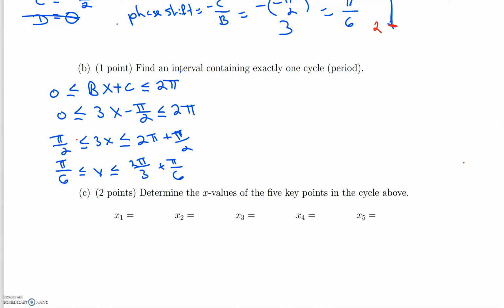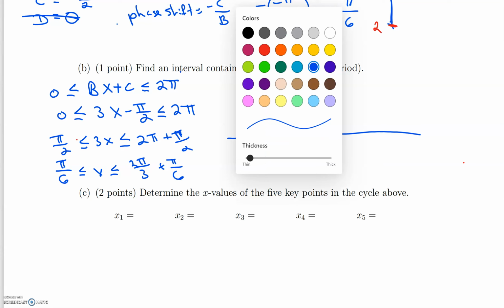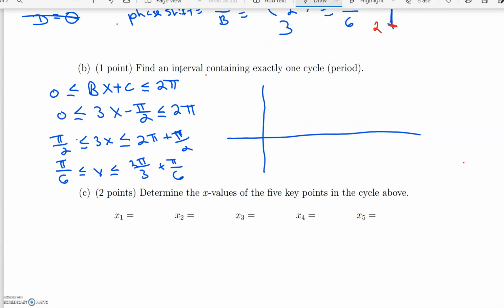And so what this is telling me is that my graph, I can go ahead and draw a rough graph of this right now. My beginning point would be pi over 6. My end point would be 2 pi over 3 plus pi over 6.